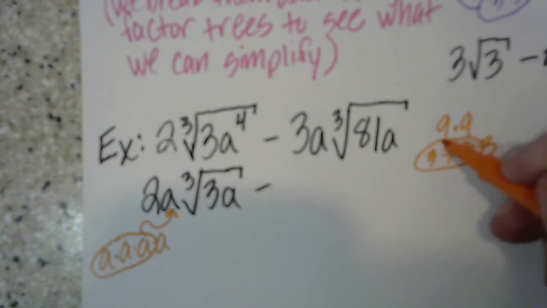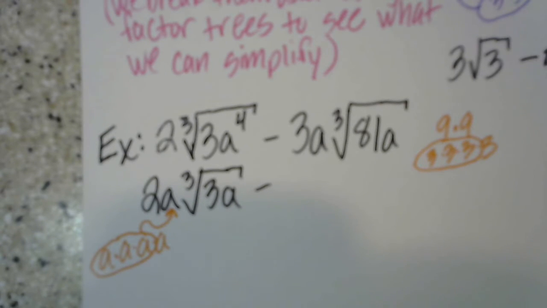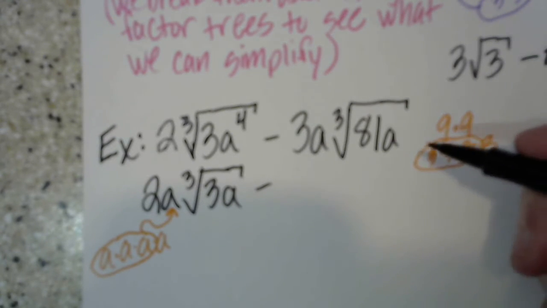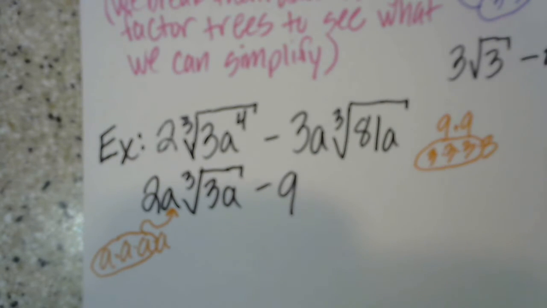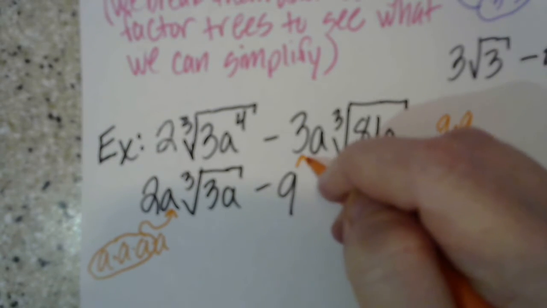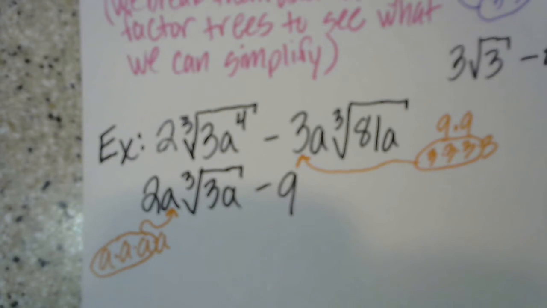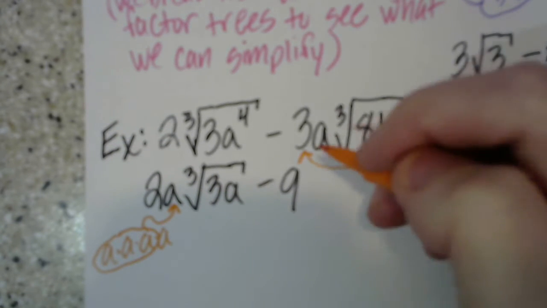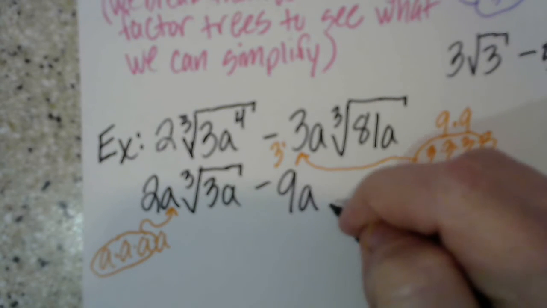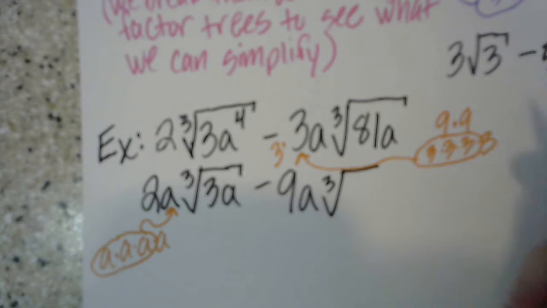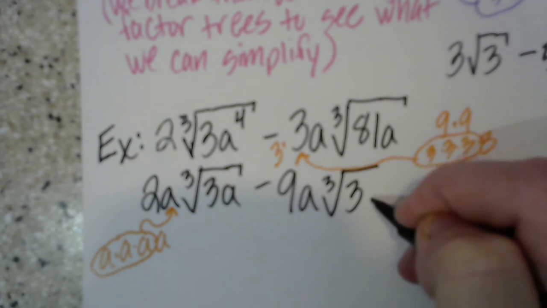So I do have 3 3's that I can take out, and 1 3 has to stay in. Well, when this 3 comes out, I multiply it with whatever's there. Right? Because there's already a 3 there. So that's how I get my 9a cube root. This 3 stays in, and that a has to stay in.